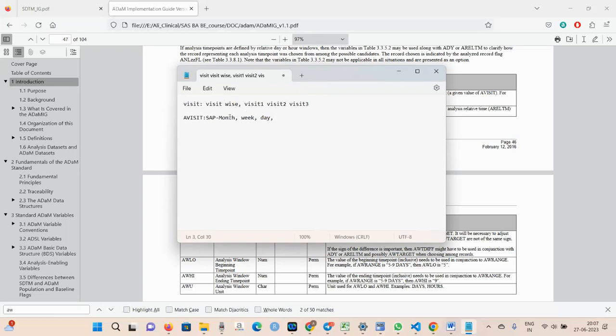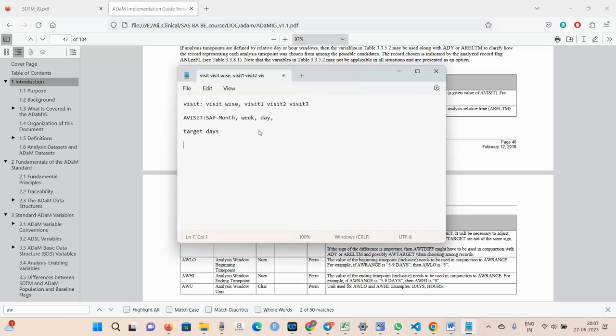We don't know exactly, so in the SAP they will mention. So you have to convert visit 1 to week wise, visit 2 week wise, visit 3 week wise. Based on those criteria you have to change, so there will be target days.